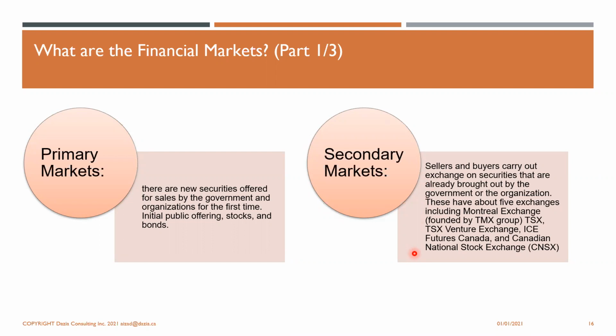With all that trading, the companies do not get that money. That money is just between the traders, and then the companies may issue more shares at a higher price, and then they can get more money from the public investors. So the secondary markets are those where it is traded between the investors.